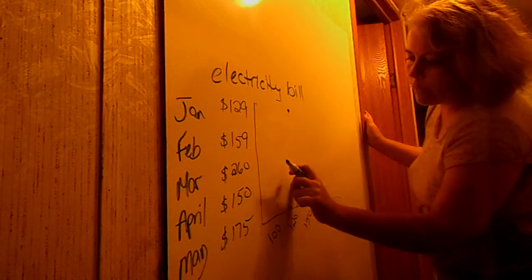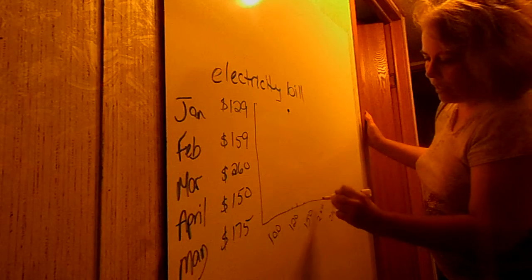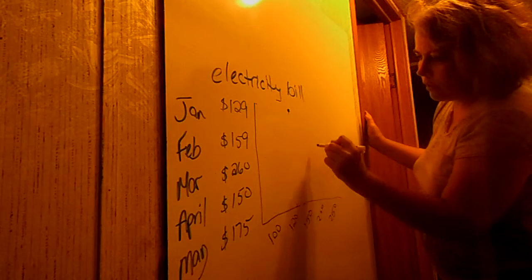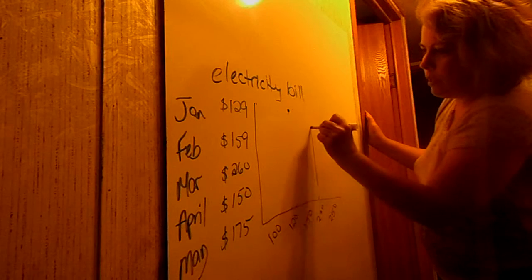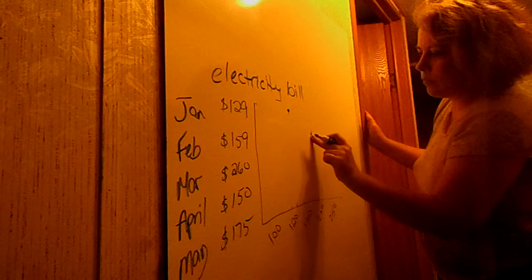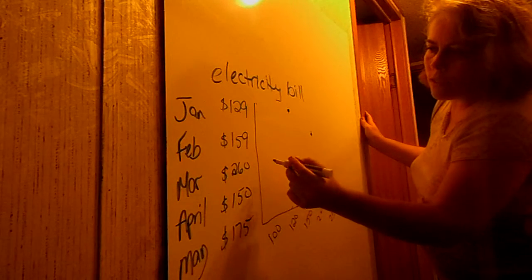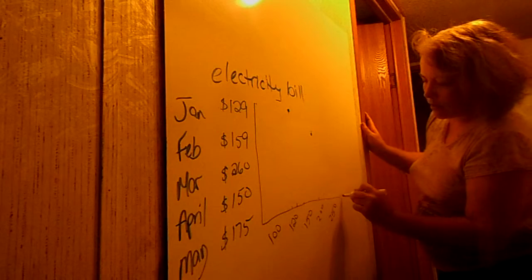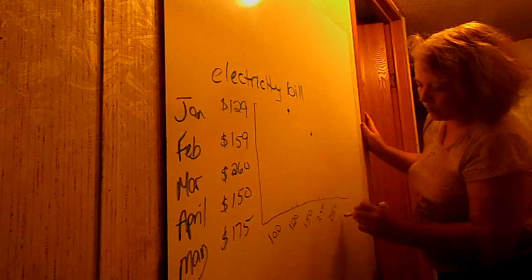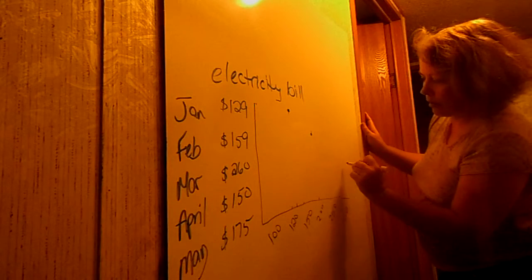I do this so that way I can be exact where my marks are. 159 would be right up here. Then March is 260, so it'd be off the chart. So it'd be over here.